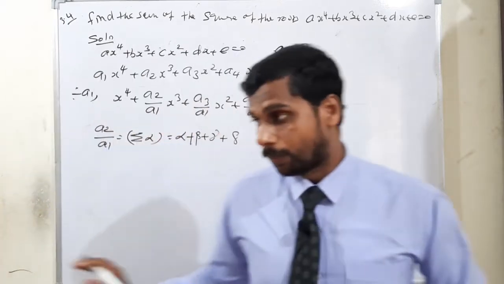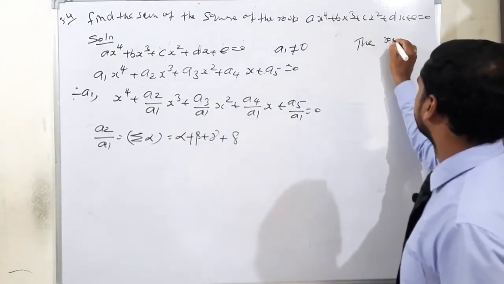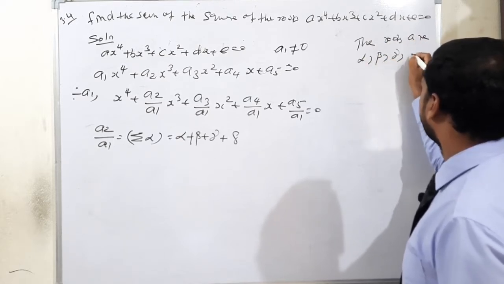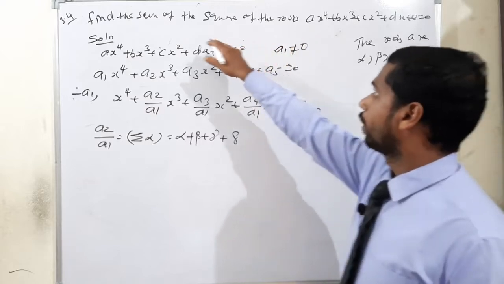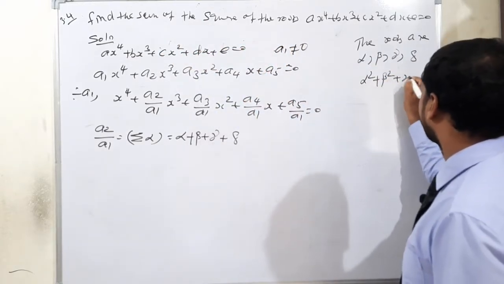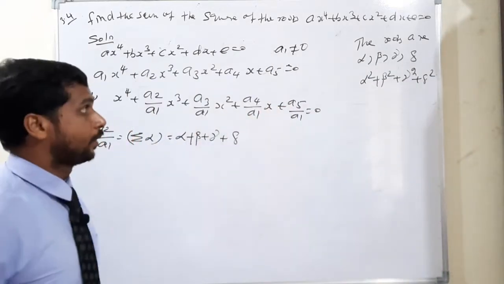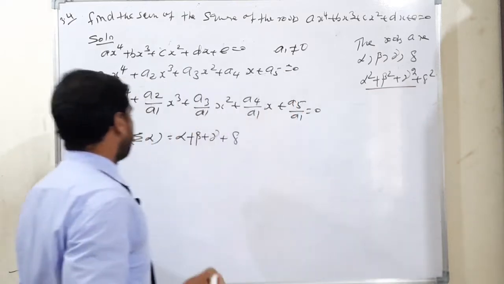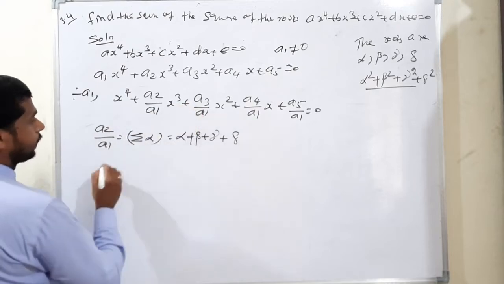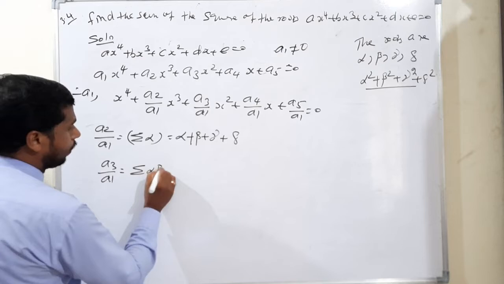But before moving to that part, the roots are of power 4, so the roots are alpha, beta, gamma, delta, and we need to find the sum of the squares: alpha square, beta square, gamma square and delta square. Okay, this is what we need to find out. Now this is the sum of the roots taken one at a time. As well as the next condition: a3 by a1 is equal to summation of alpha beta.